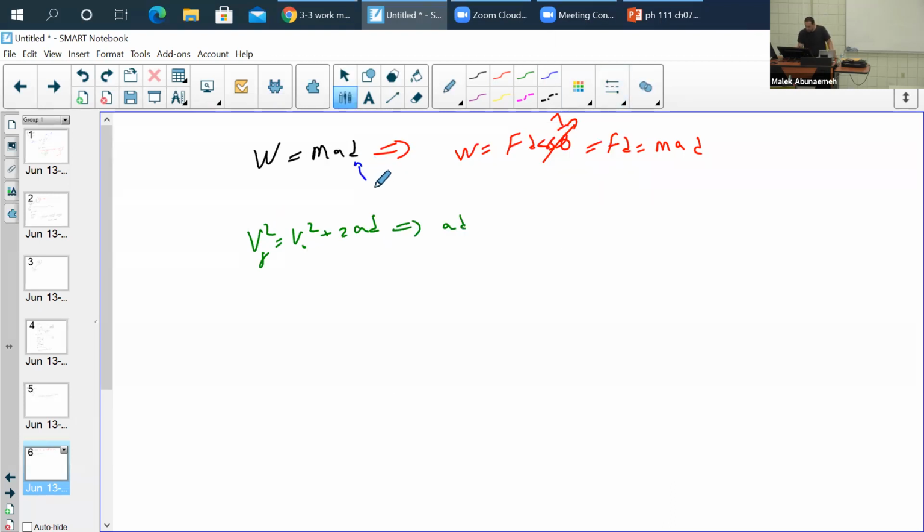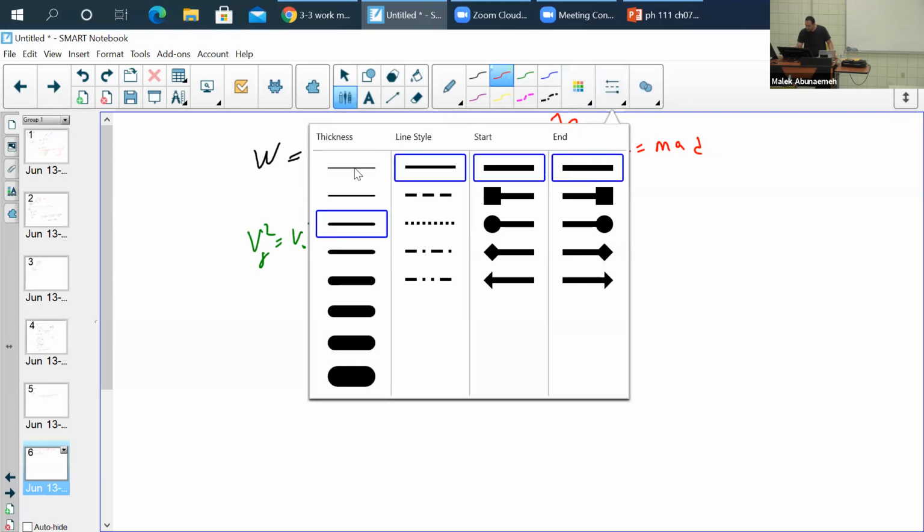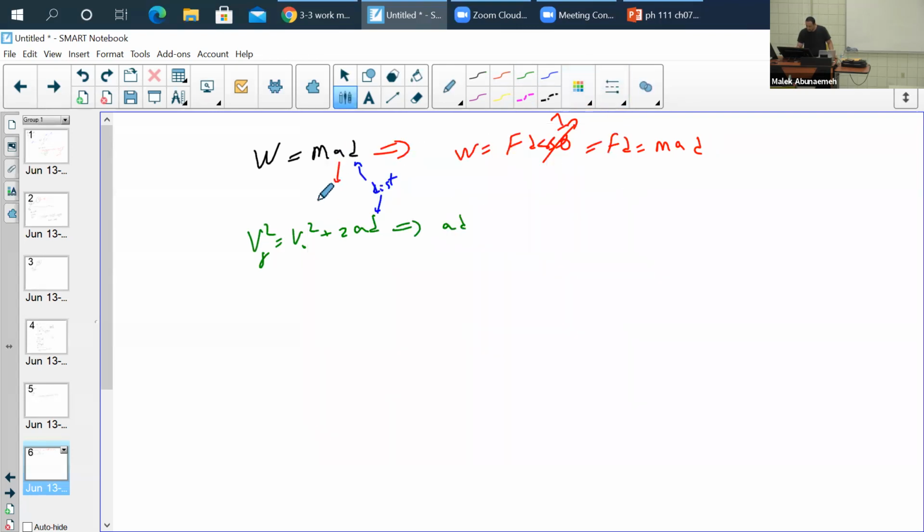This is your distance, this is your acceleration, that's your mass, that's your initial velocity, and this is your final velocity.